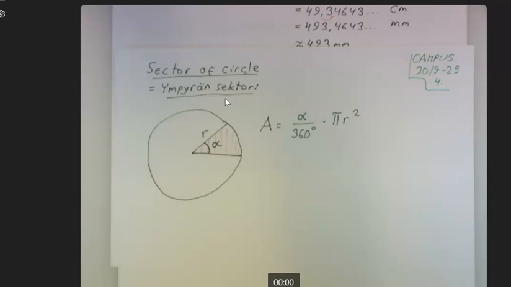Then another figure still concerning the area of circle is the segment of circle.